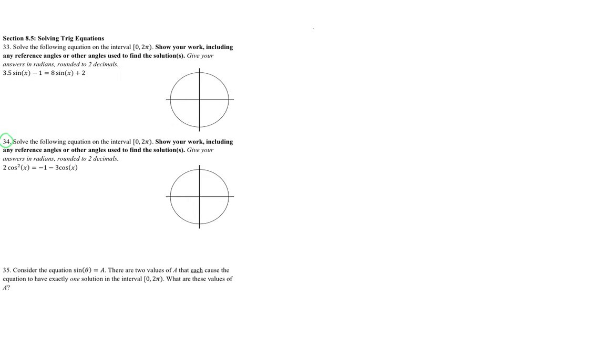All right, since we have a cosine squared in our next one, we're going to want to get all the terms onto one side. So 2 cosine squared x plus 3 cosine x plus 1 is equal to 0. If we make a little u substitution and say that u is equal to cosine of x, we can solve this as 2u squared plus 3u plus 1 is equal to 0.